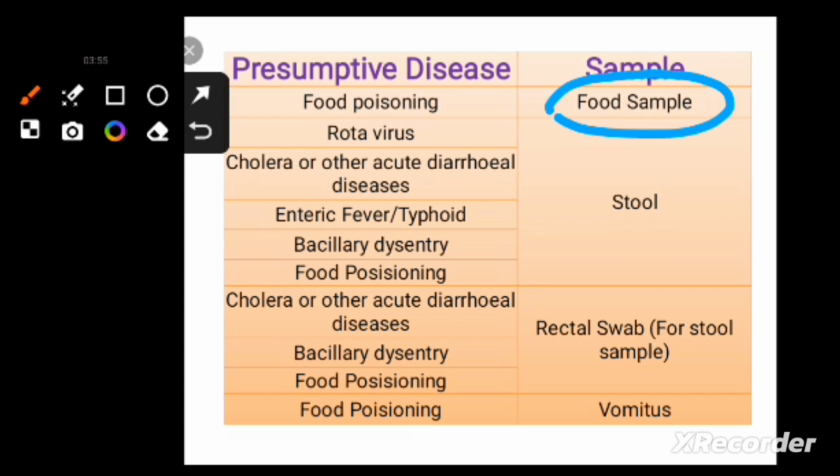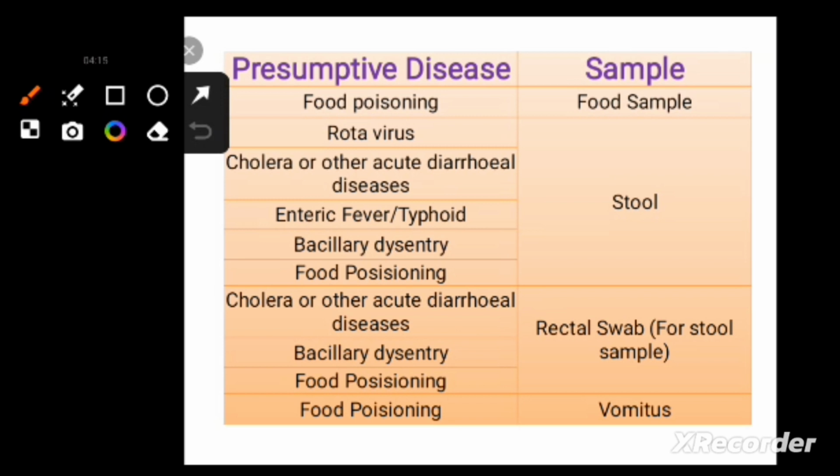For diagnosing rotavirus, which causes diarrheal disease, cholera or other acute diarrheal diseases, enteric fever or typhoid, bacillary dysentery, food poisoning, stool sample should be collected.